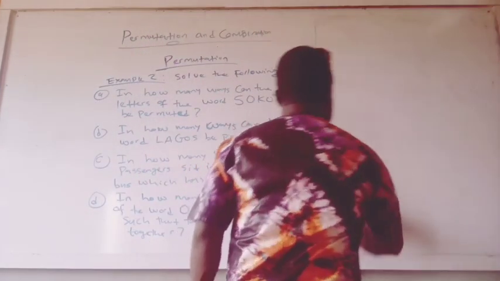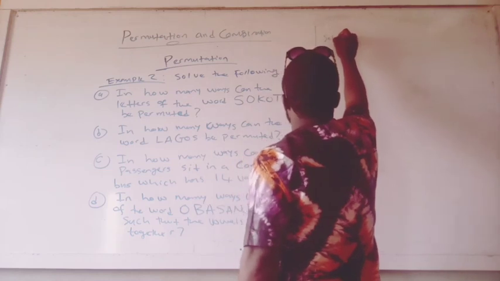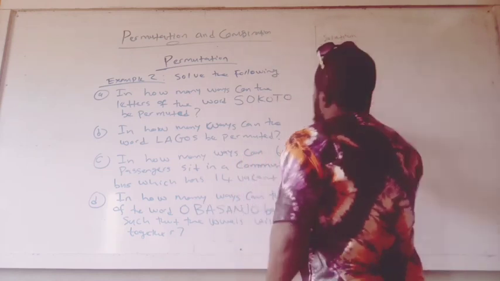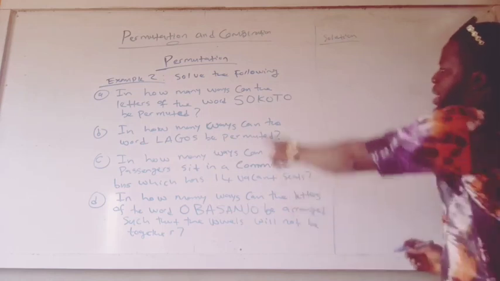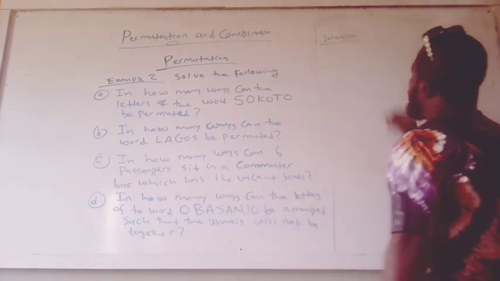So I have the solution. So the first one says, in how many ways can the letters of the word SHOOTO be arranged? So I'll write it out.